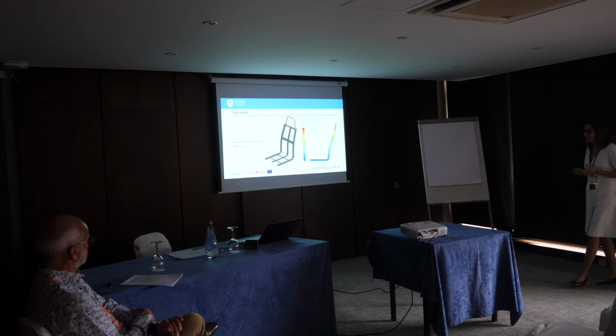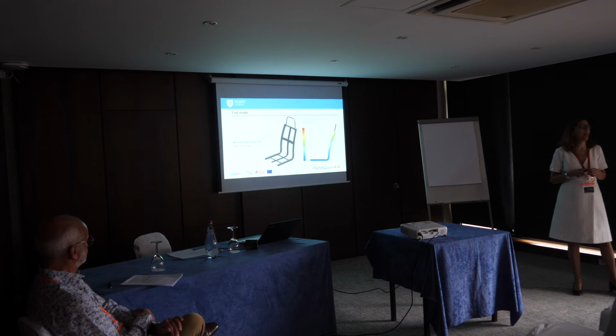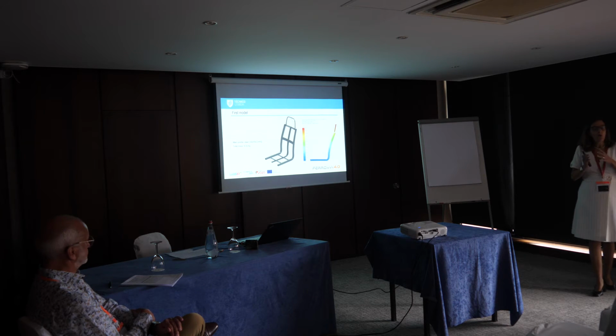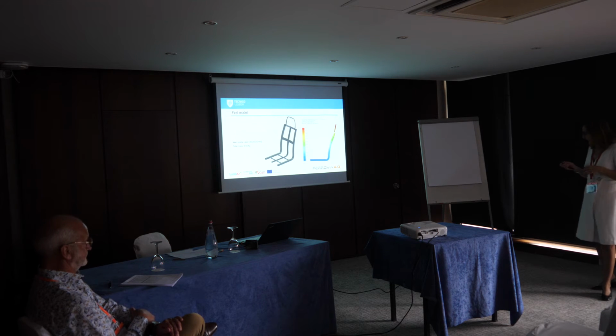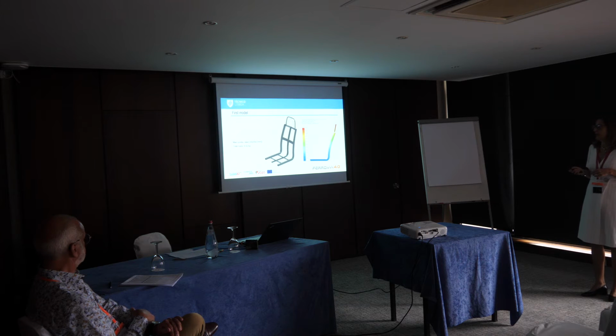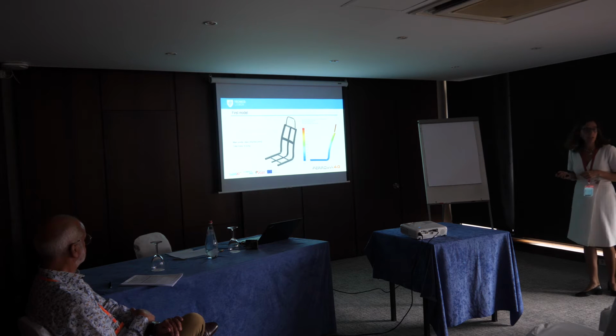The first model that we designed, okay, and I will show you only 3 models. Of course, we have a lot of models. I will show you the first one, one of the middle, and one after the optimization. The first one was this, and we use a main profile of steel with dimensions of 30 by 30 by 2 millimeters of thickness, with a total mass of 6 kilograms.